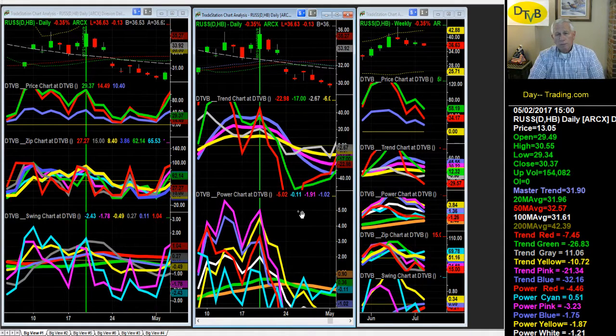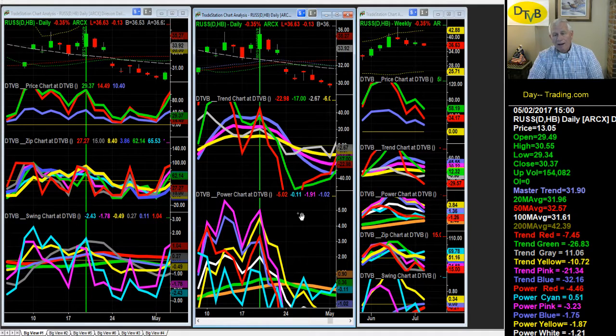And what I'm leading to is that each of those three, trend red, power red, and swing Zion, are tracking the forces that they track within the movement. When all three of them are doing the same thing at the same time, then all of those forces combined are tracking the same way.